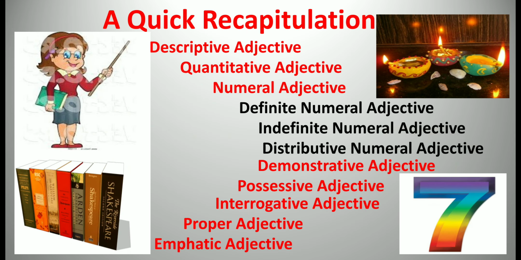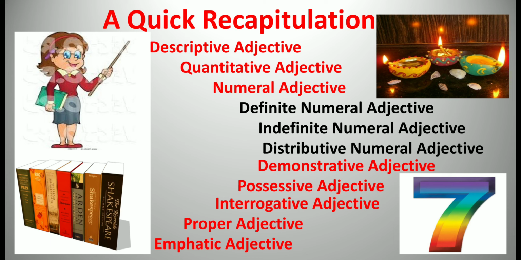Well, before I leave, let's see a quick recap of today's topic. Dear children, now you know that the adjective is one of the 8 parts of speech. An adjective describes or modifies a noun to make it more specific by adding more information about it. Its number, color, shape, size, or other qualities.